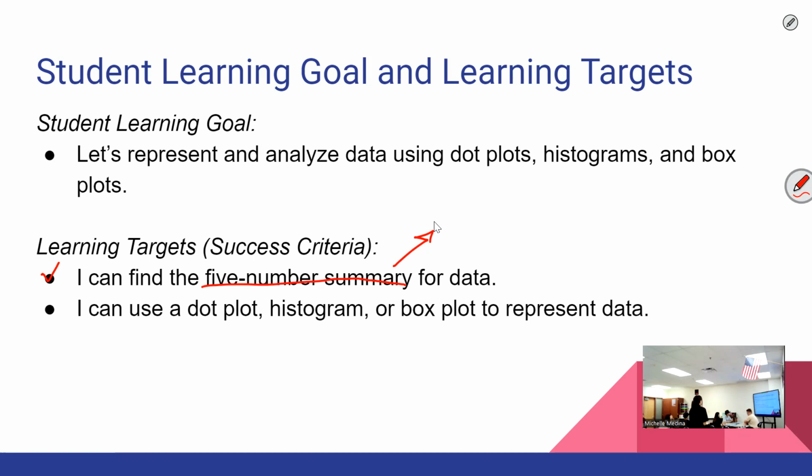It does include a median. Table 1, can you add on to that? What else does it include? The first quartile. Okay, good. And then table 2, what else is missing on this? Okay, good. That's our 5-number summary.